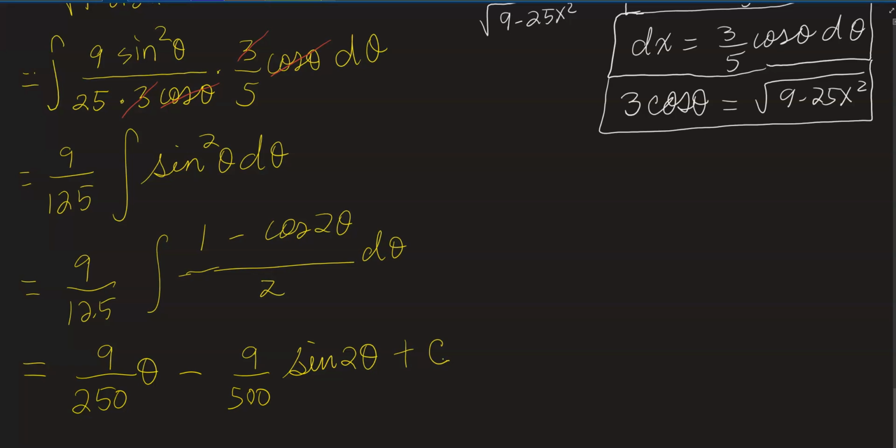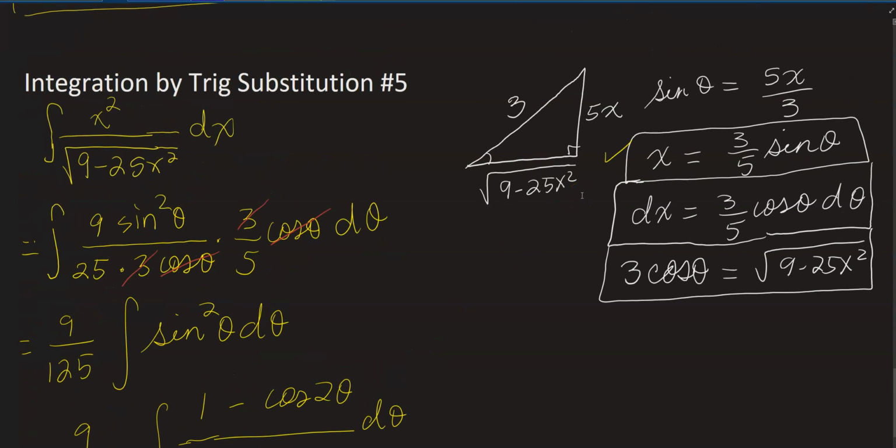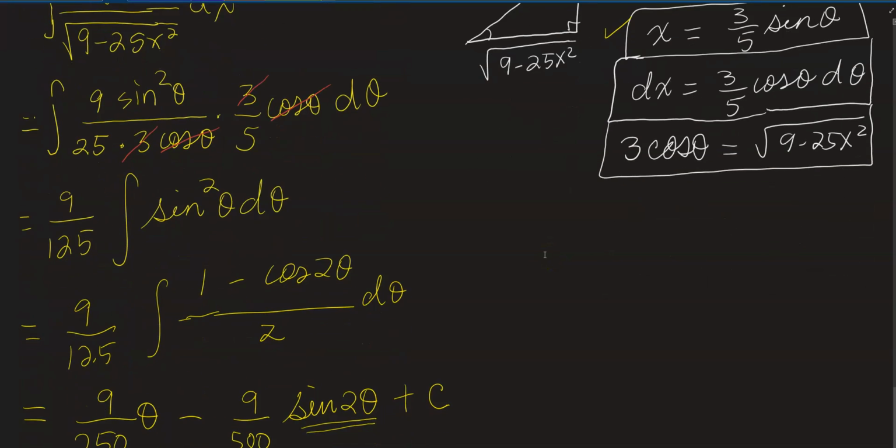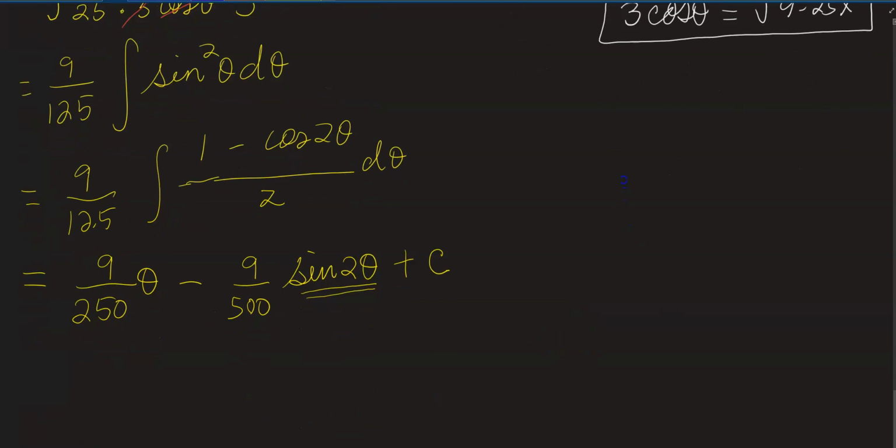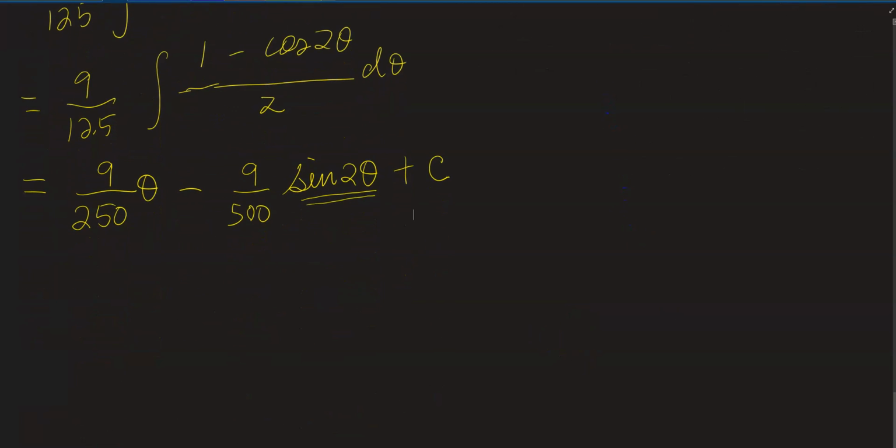Now, what we need to do is go ahead and simplify the sine of 2 theta, because the things that we have up here when we did the substitution have only theta and not 2 theta, right? So we can use a trig identity to simplify that.